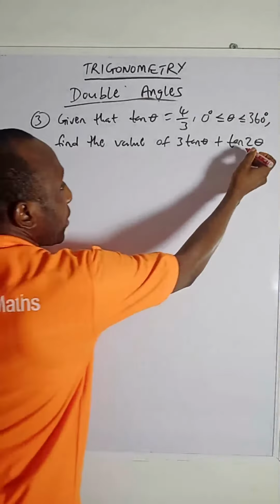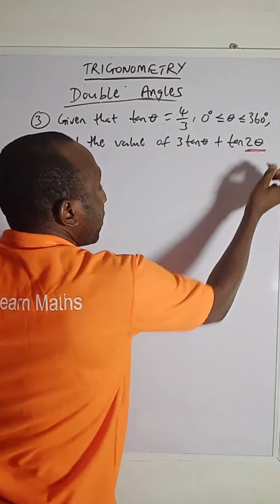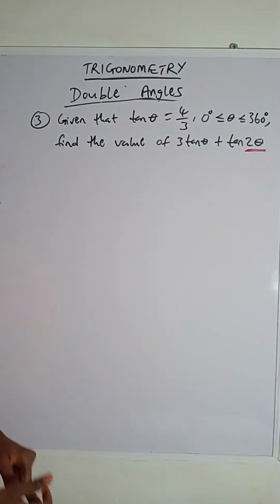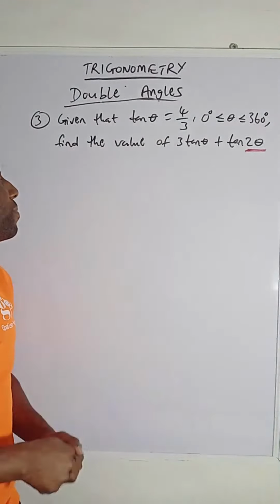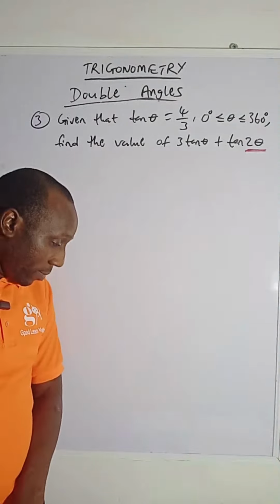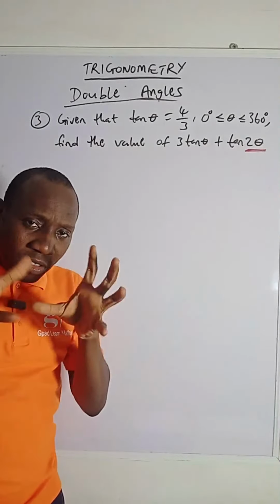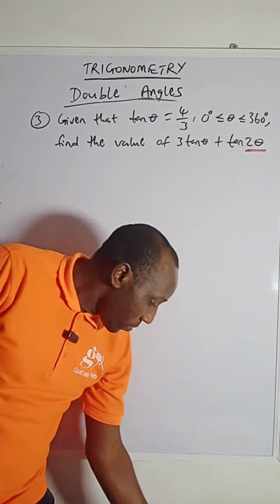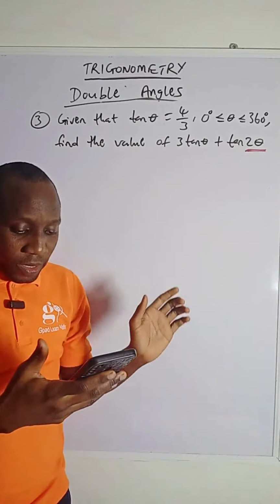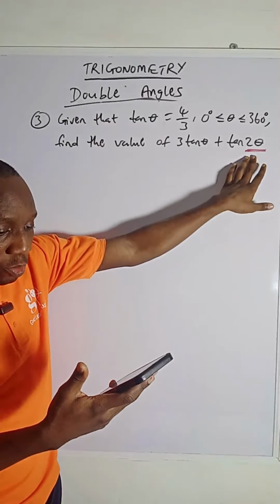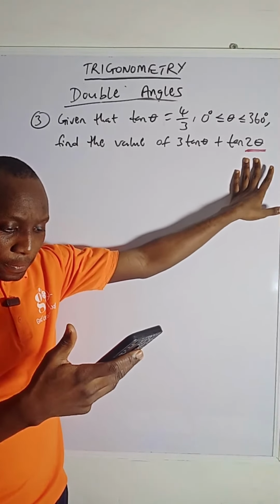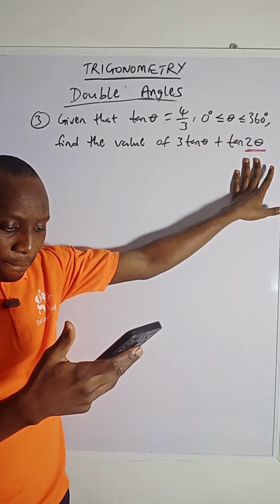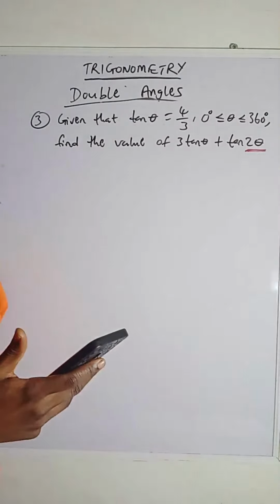Who can tell me what's this? 2 theta. What concept is that? It's good you understand some of these things so you know. Thank you.